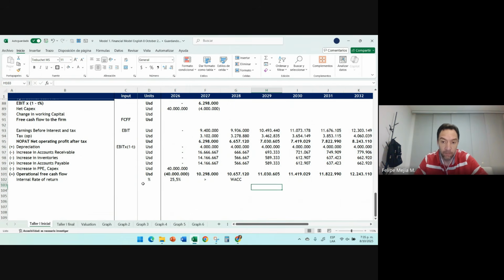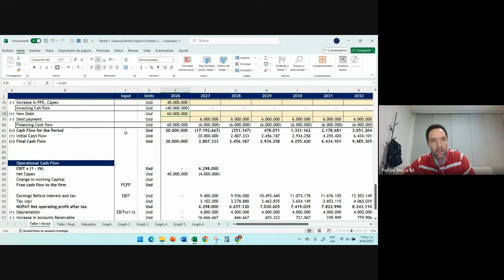And if you compare this internal rate of return with the WACC and you get that the internal rate of return is higher than the WACC, then the board of this company can additionally accept this project, and then we have to go and find the financing of this project, which is the number that we have over here.